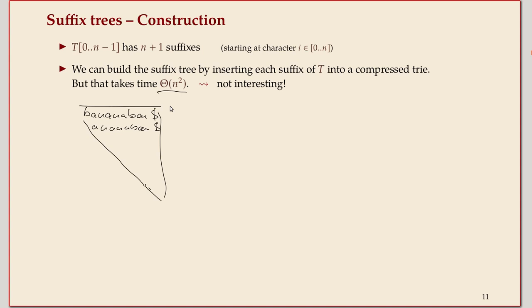Being linear in the total number of characters might be fine for some trie applications, but for suffix trees, that's really not good because that's quadratic in n. So we cannot afford building the suffix tree in this time. It's not an interesting data structure then.